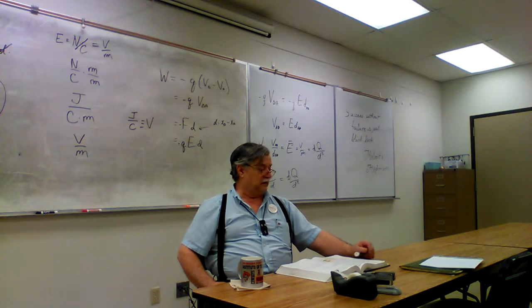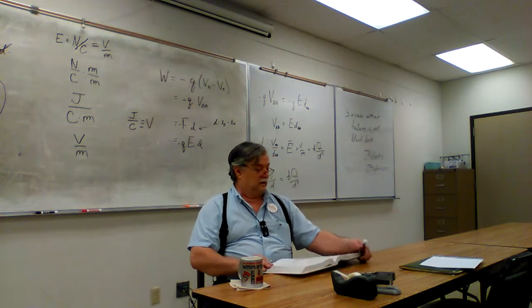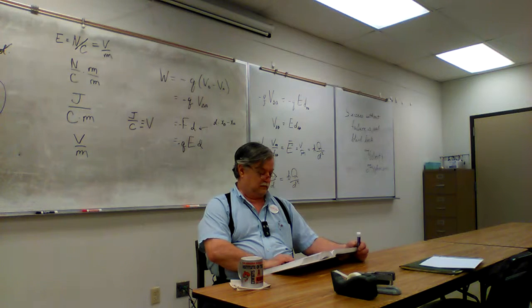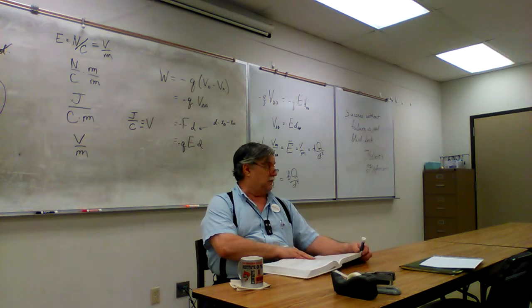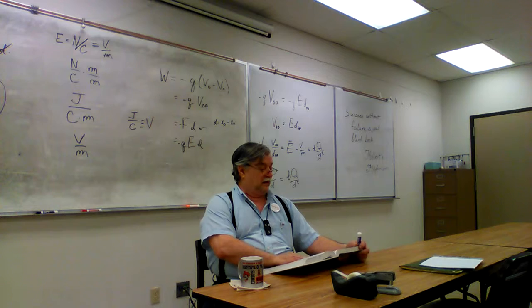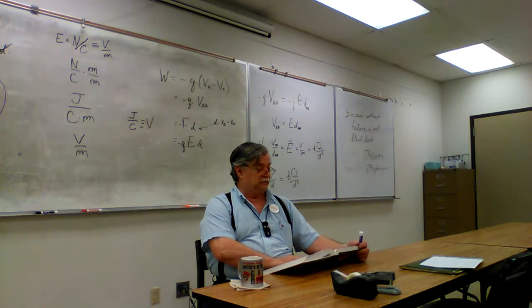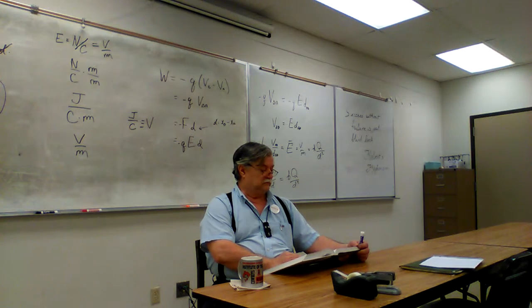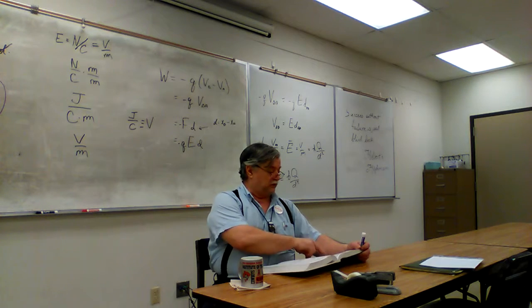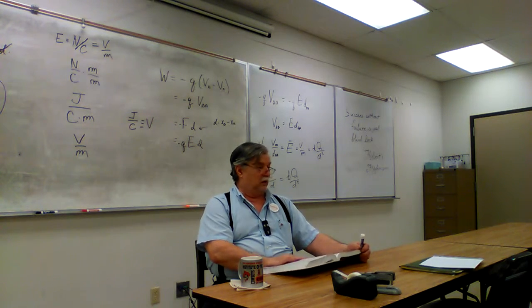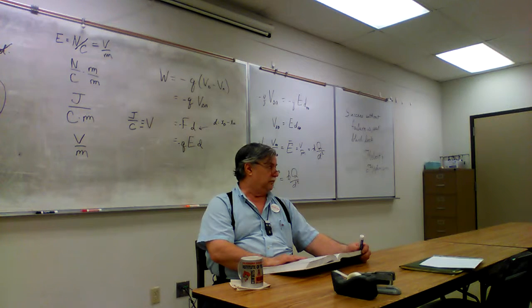Yeah, that's exactly what that is. Well, we're going to talk about the map here in a minute. These equipotential lines, I just want to point out to you that those equipotential lines will always be perpendicular to the E field vector at whatever point you're at.